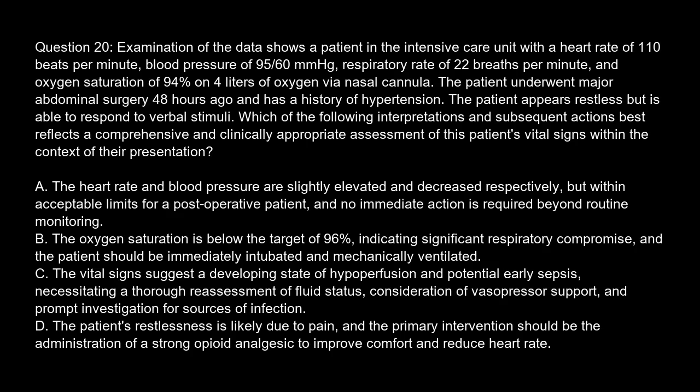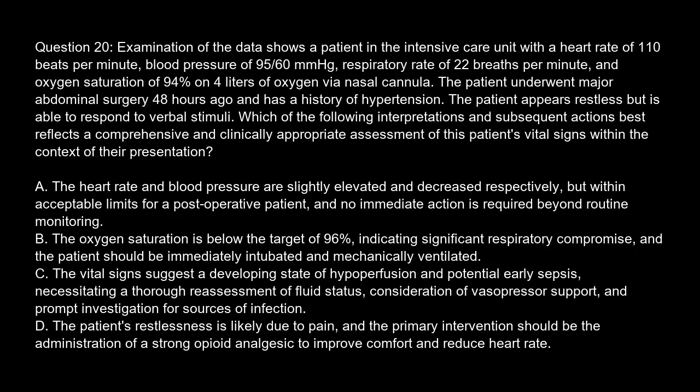Option A. The heart rate and blood pressure are slightly elevated and decreased respectively, but within acceptable limits for a post-operative patient, and no immediate action is required beyond routine monitoring. Option B. The oxygen saturation is below the target of 96%, indicating significant respiratory compromise, and the patient should be immediately intubated and mechanically ventilated.